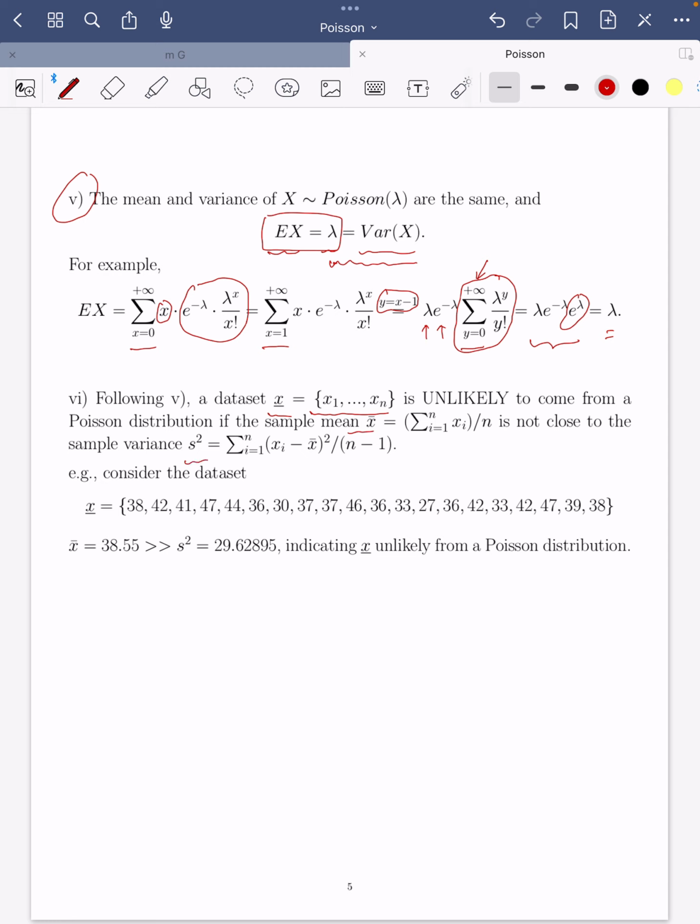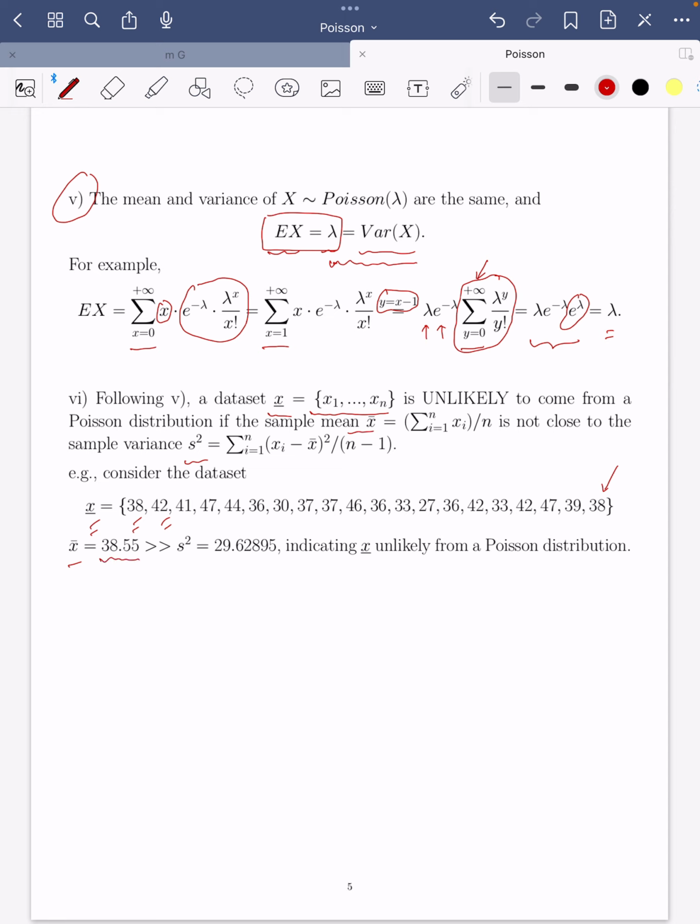For example, our sample has the first value x1 equal to 38, x2 equal to 42, and so on, up to the last observation equal to 38. Then we compute the sample mean, which is the sum of all of these values divided by the sample size, and we have 38.55.